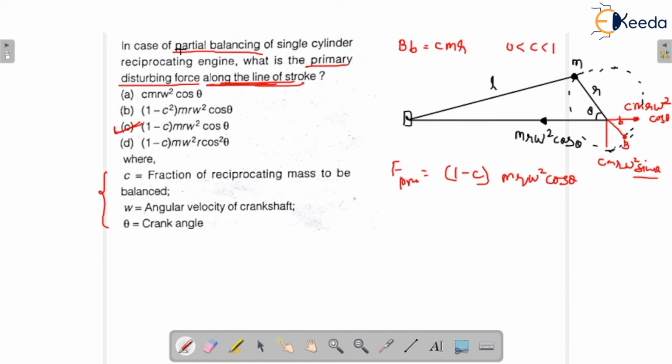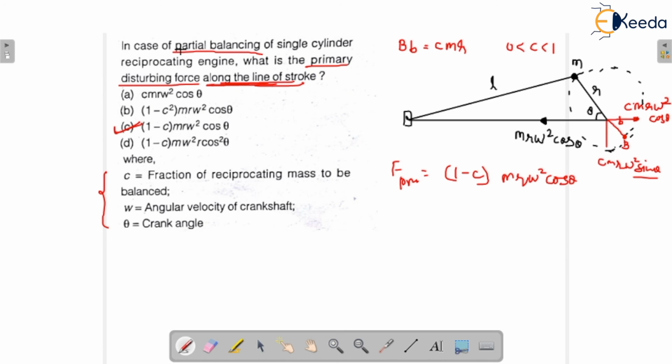Because in case of reciprocating masses, when we design the engine and when we try to balance the reciprocating masses completely, we have seen that the engine failed to run for longer periods. So that's why we need not balance the reciprocating masses completely, we will balance it partially. Okay, so that's why partial balancing is there.